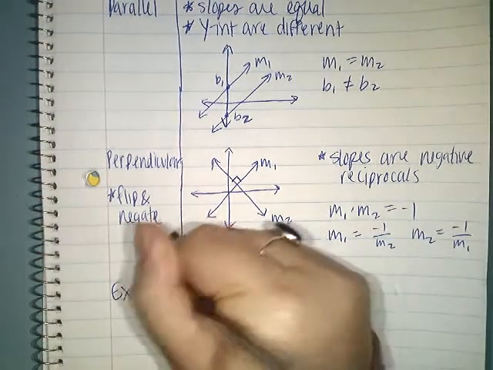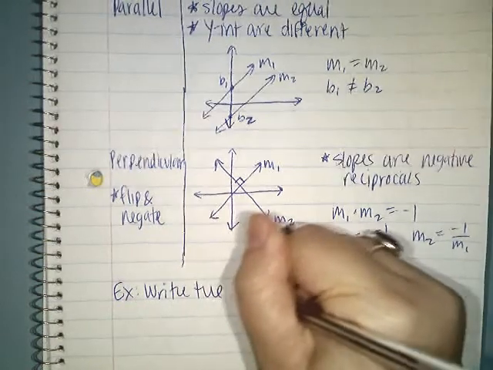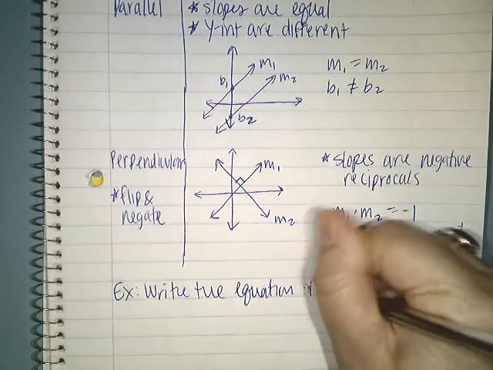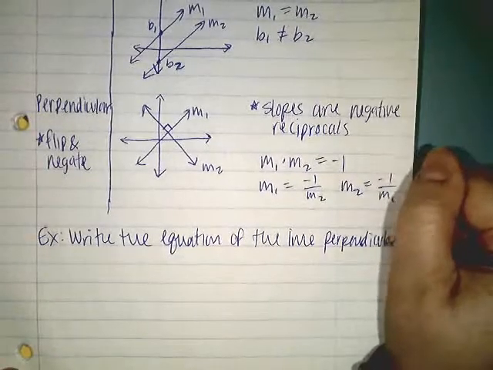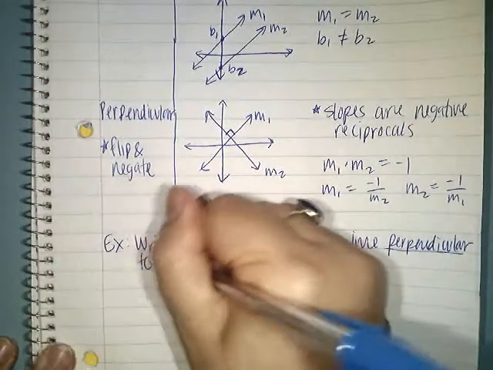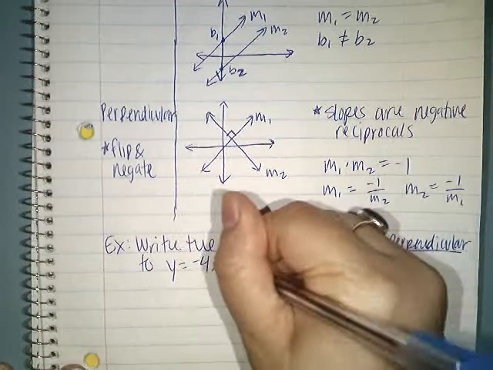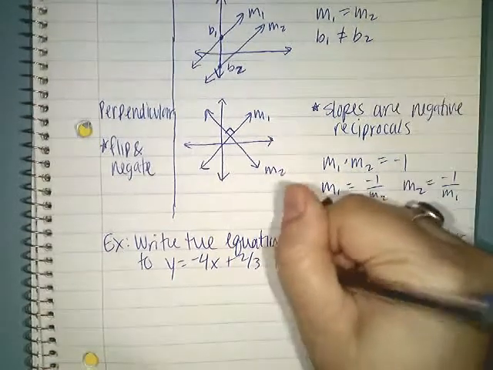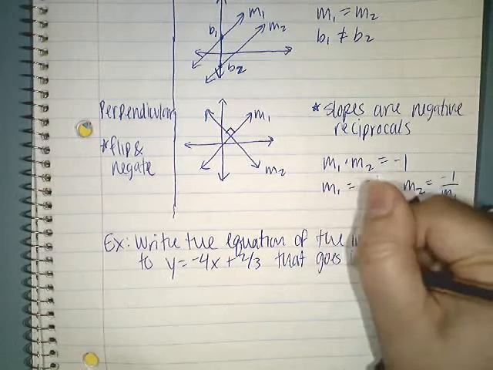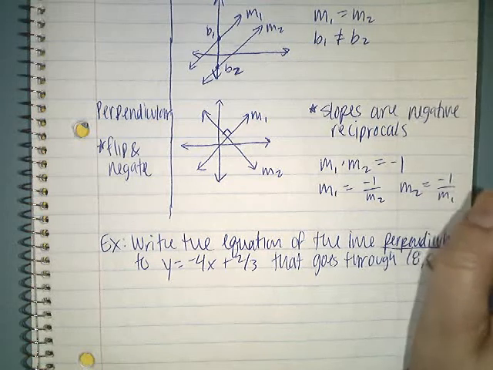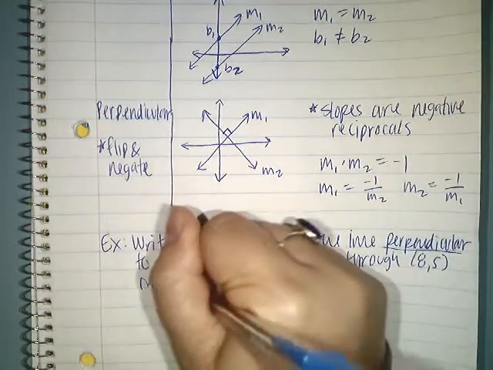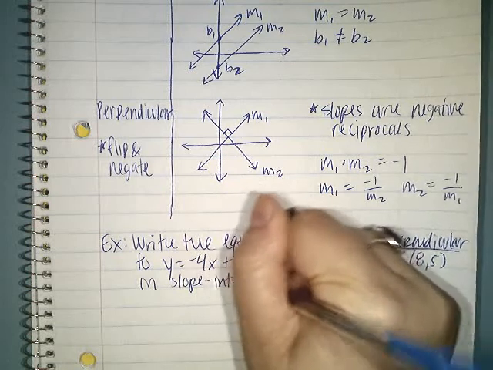I'm going to ask us to write the equation of the line perpendicular to y equals -4x plus 2/3 that goes through the point (8, 5), and I want us to write this in slope intercept form.